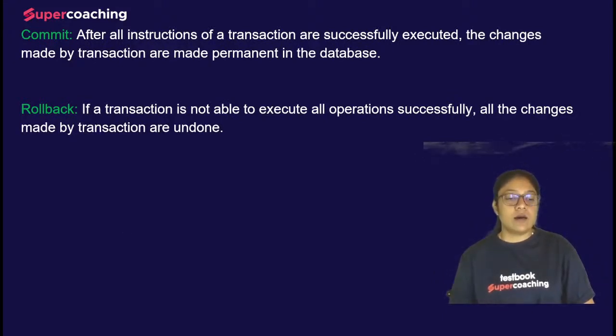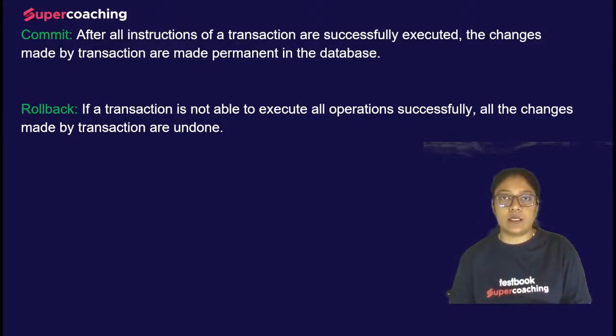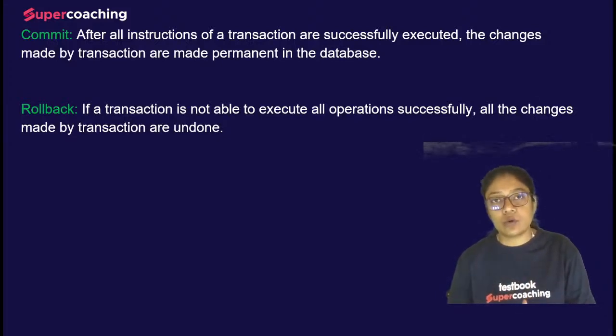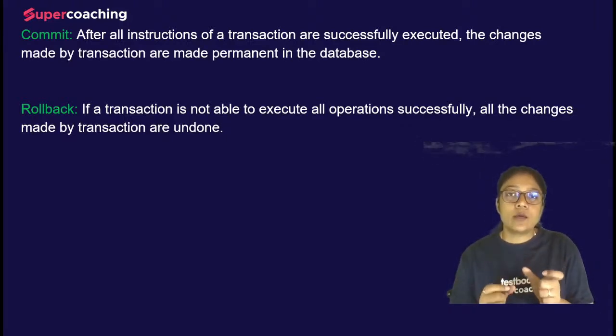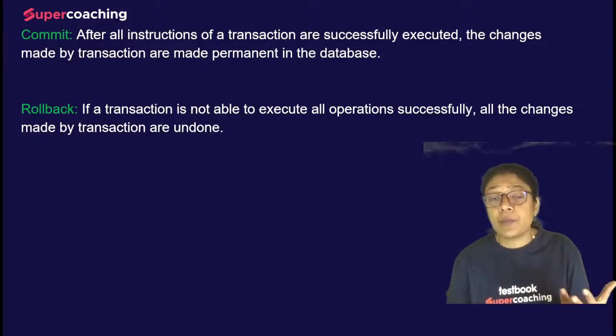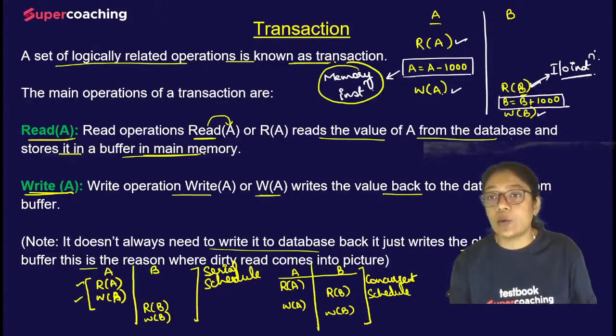Definitely, not overlap actually. See, when one instruction is under execution, the other cannot be under execution, but definitely in concurrent schedule the performance is better, because when one transaction is busy performing the memory instruction, here we have talked about two types of instruction: memory instruction and IO instruction.